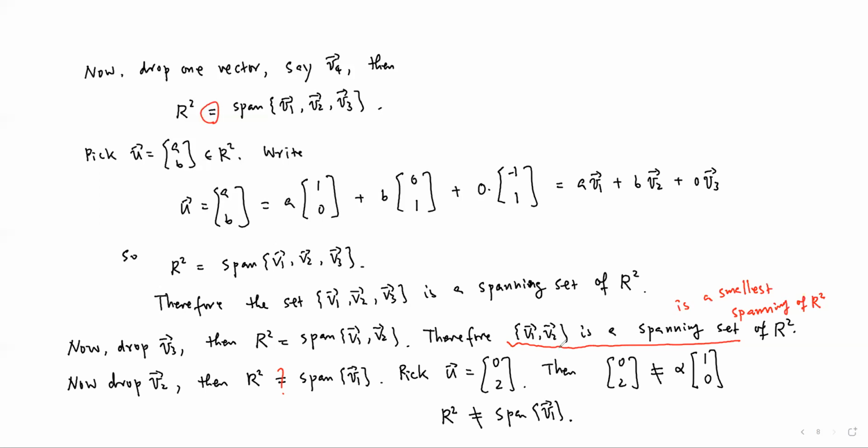A smallest spanning set is called a basis of R2. Yeah, this set is a basis of R2. Smallest spanning set is called a basis.